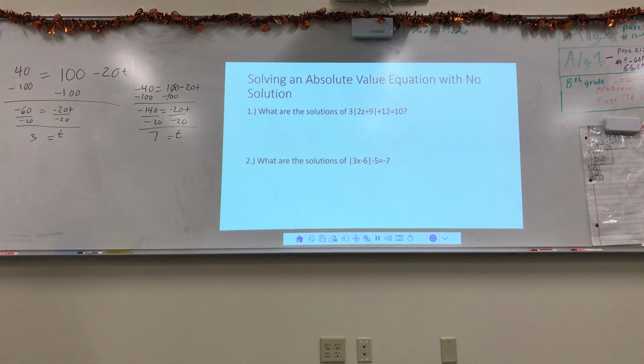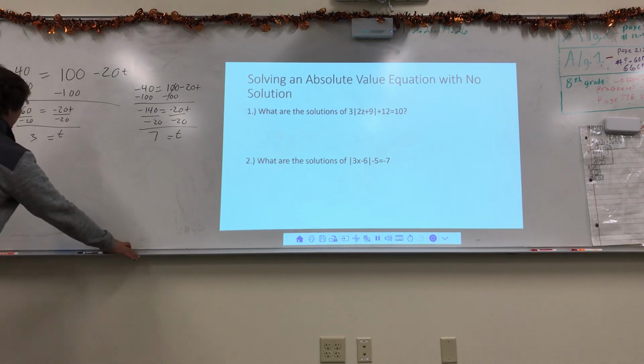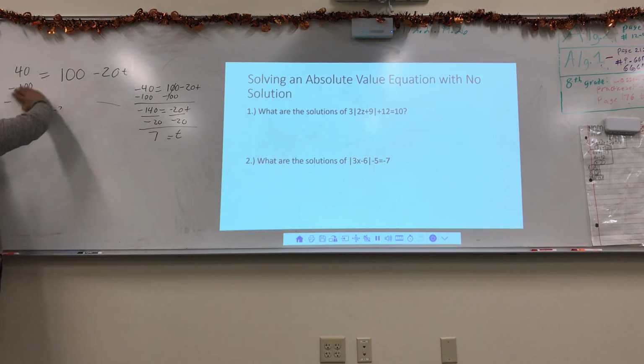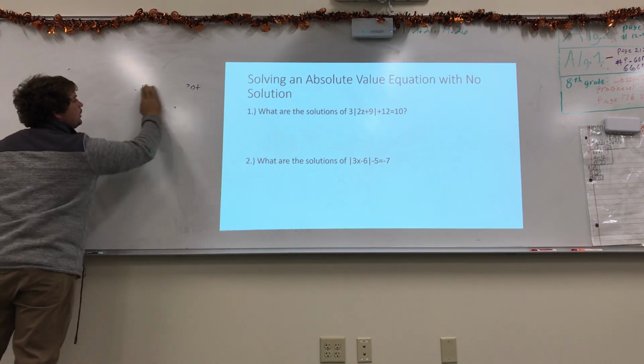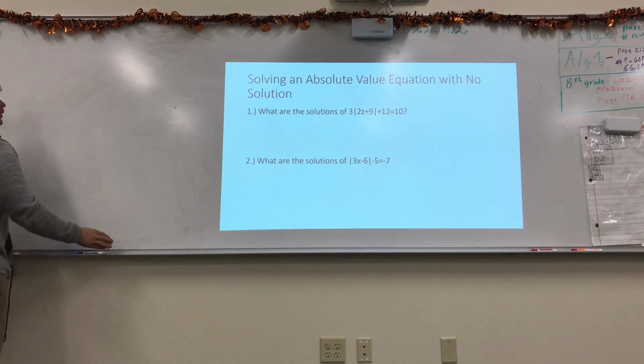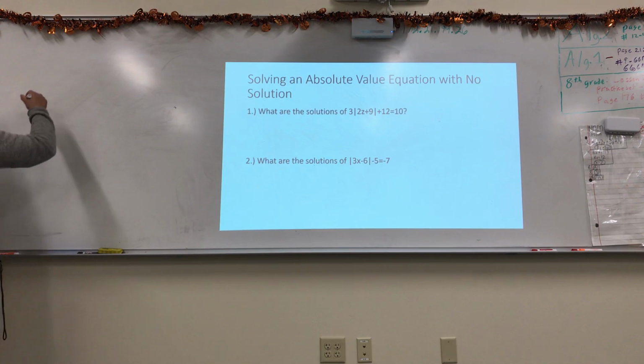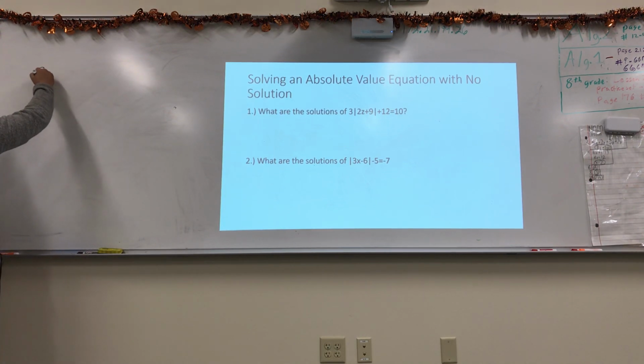Now, solving an absolute value equation with no solution. The one thing is you can figure this out very quickly. When we're going to solve this, I do not want to break the absolute value. That's like having parentheses around it.